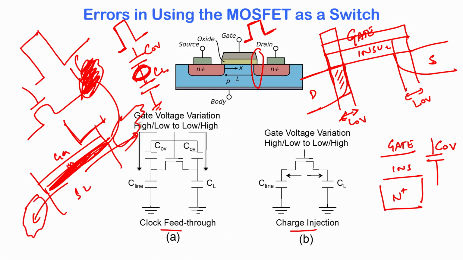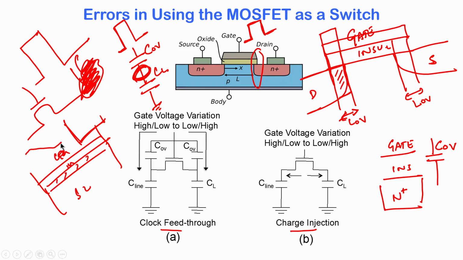Now, if you were to gently turn off the gate and give this charge enough time, so you turn off the gate very slowly, and you give all this charge enough time to realize which is the low impedance path, which means the part which has got a larger capacitor, then you will find that most of the charge goes to that part and very little charge goes to the higher impedance path.